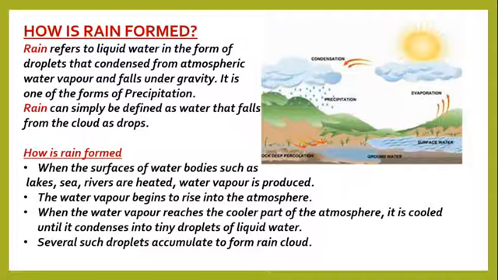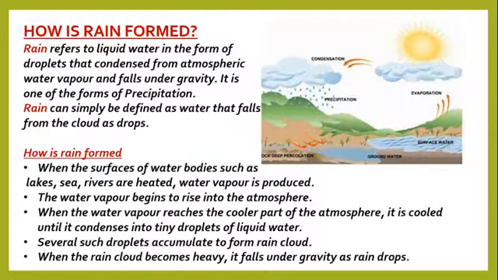Several of such droplets accumulate or come together to form what you call a rain cloud. Let's take note of that. Now, what happens after that? When the rain cloud becomes heavy, as you see in the sky, heavy and dark, it falls under gravity as raindrops.